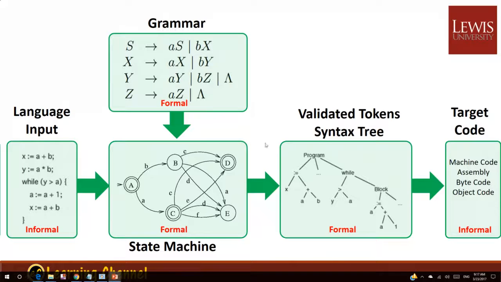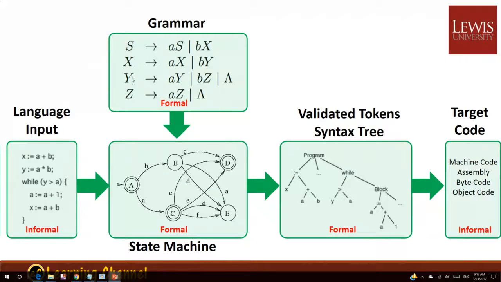The abstract syntax tree, the decorated syntax tree, the context-free grammar, and the state machine are all defined formally, and actually they have strict definitions. The part we talk about right here, the grammar, forms a formal language.